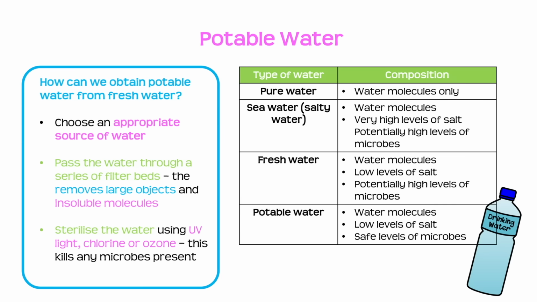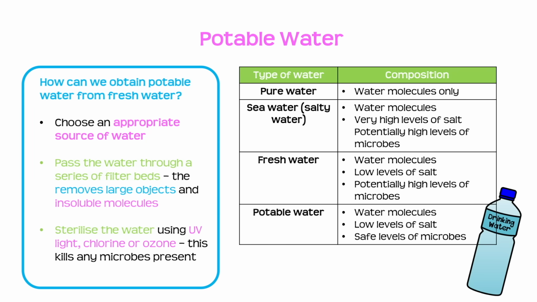Now let's have a little comparison of the different types of water that there are. Pure water is composed of water molecules only. There's nothing else in it except H2O. Then if we think about seawater or other salty waters, there are water molecules present, of course, but there's also very high levels of salt and potentially high levels of microbes. Fresh water of course has water molecules.